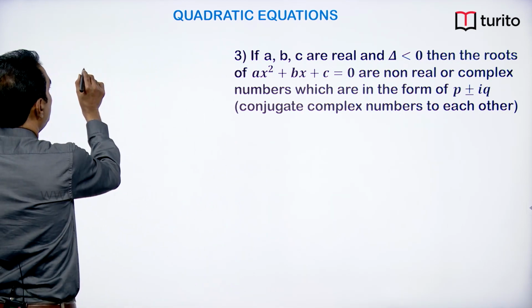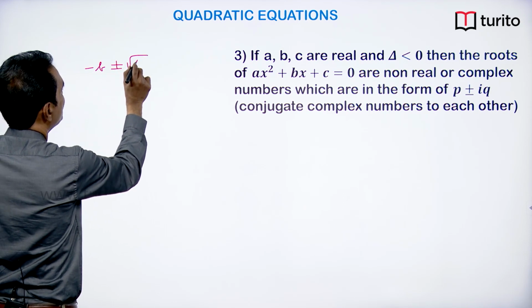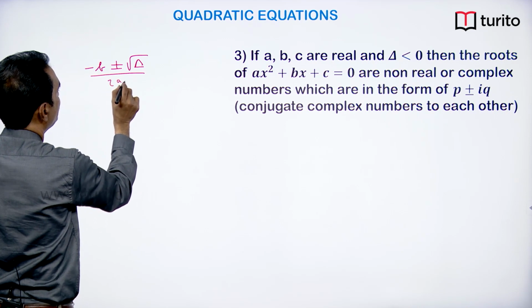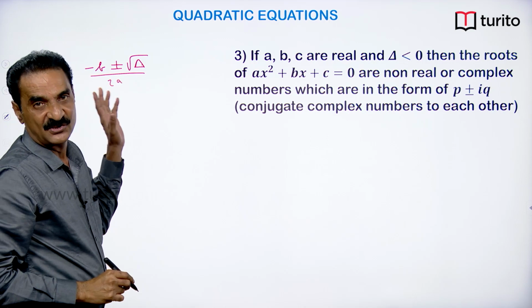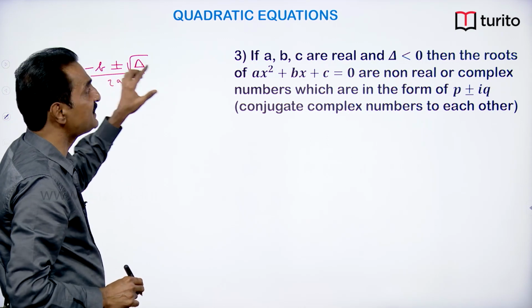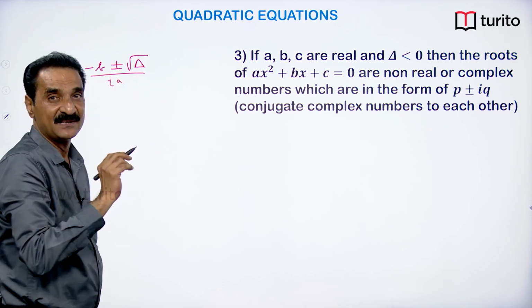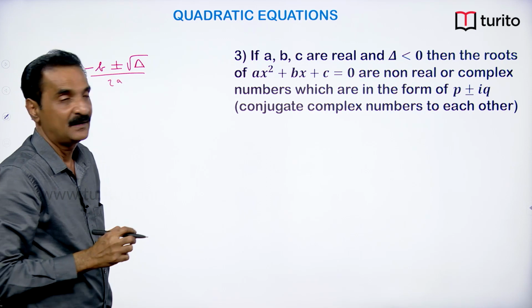Now if you take the roots of the quadratic equation, minus b plus or minus root delta by 2a, a and b are real, and delta is negative. When delta is negative, this will be imaginary. Imaginary means some real number into iota.